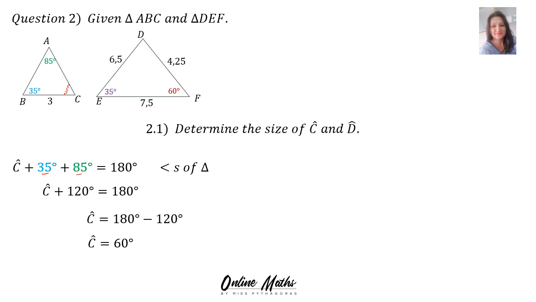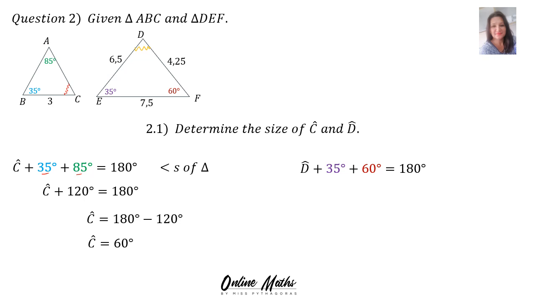And then the second part of our question was they also wanted the size of angle D. Again, we'll use the same theorem, angles of a triangle, which are supplementary. So we can start by saying angle D plus angle E, which is 35, plus angle F, which is 60, is equal to 180 degrees.